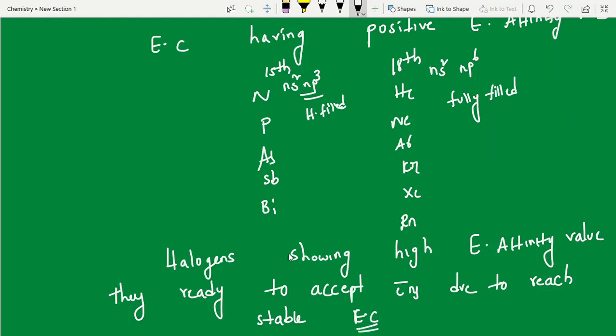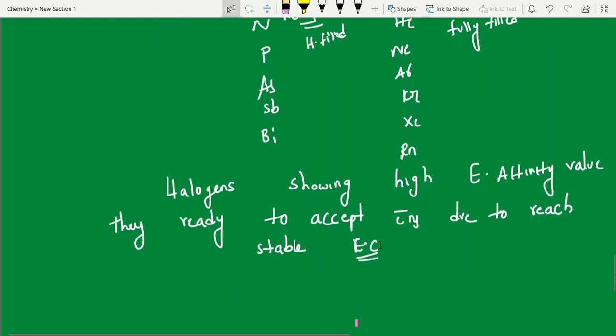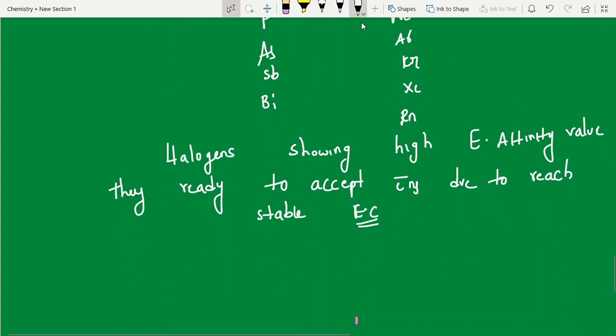If it accepts one electron, students, suppose fluorine is there. Okay, I'll give the trends also here. Chlorine, 17th group: if it gains one electron, then what happens? It will go to the argon state, that is the stable state. That's why they're ready to accept.